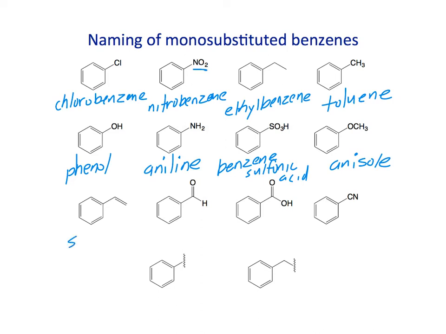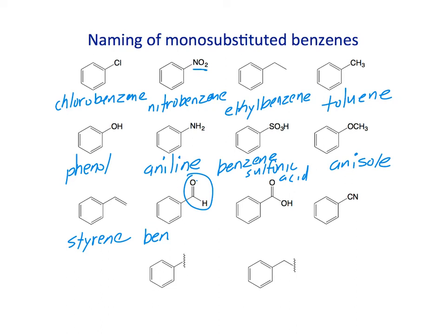Okay, this is styrene, right? You've heard of polystyrene, so like the white plastic cups and stuff like that. That's a polymer of styrene. Okay, these next two are easy because, what functional group is this? It's an aldehyde, right?